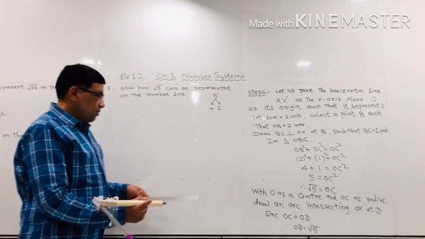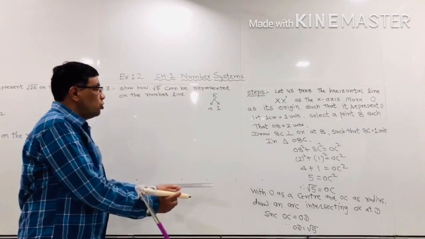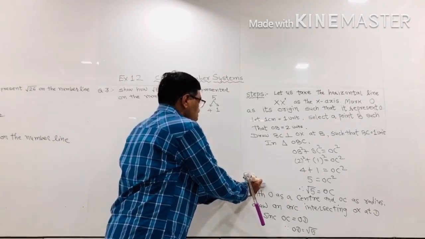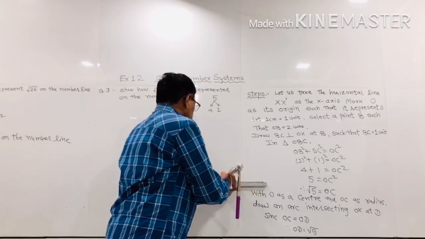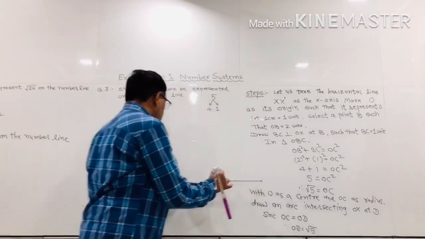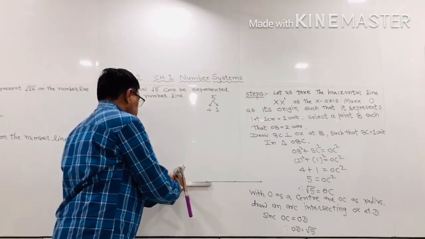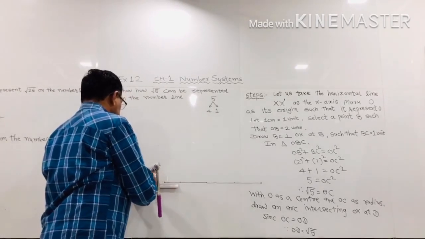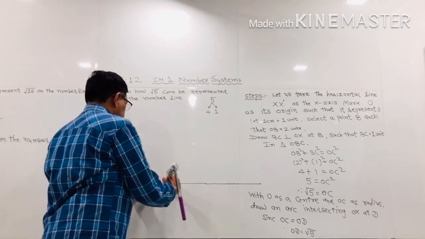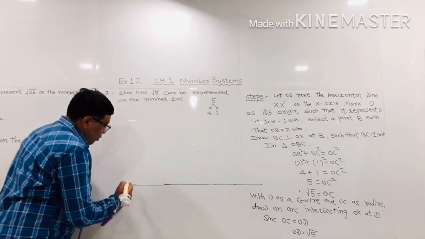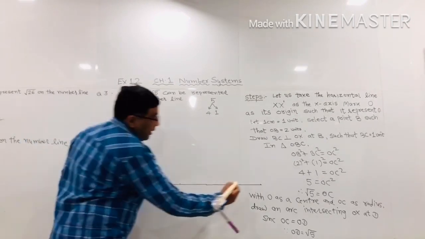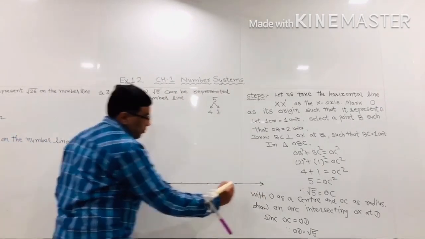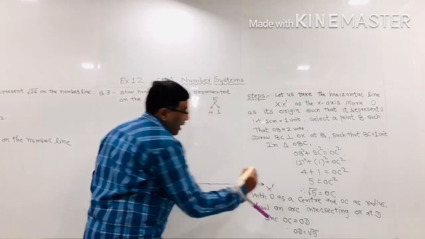For that, first of all, you have to draw one line. So see here, we draw a line first. We have already drawn the line. This line I am marking as X dash.